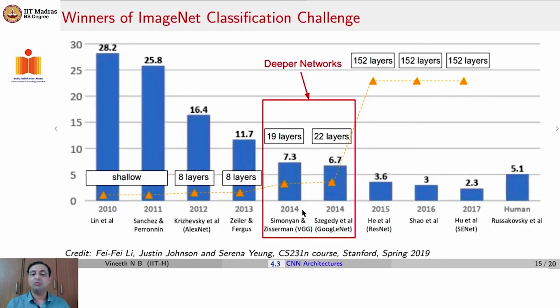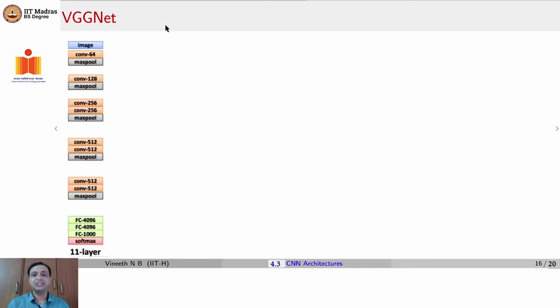Moving on to 2014, one of the major contributions in 2014 was a new architecture known as the VGG net. VGG stands for the Visual Geometry Group at Oxford, and they came up with an architecture with a certain philosophy in their design.